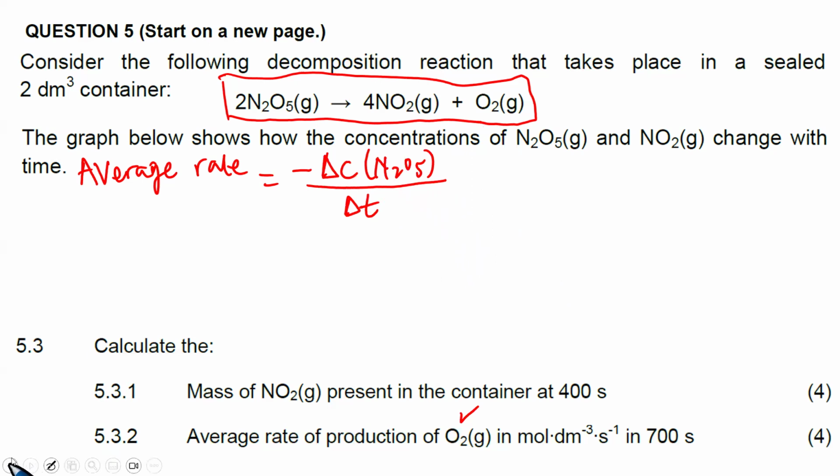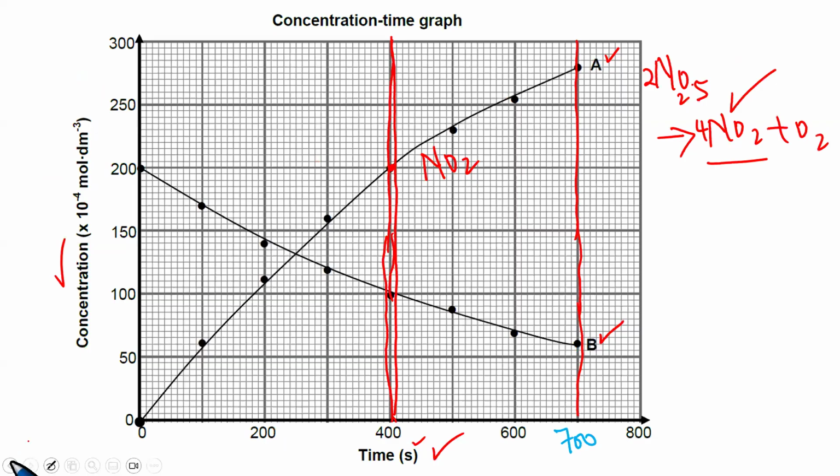If you look at the N2O5 itself, the graph appears to show a decrease, and the average rate is the change in concentration divided by change in time, so this graph has a negative slope.